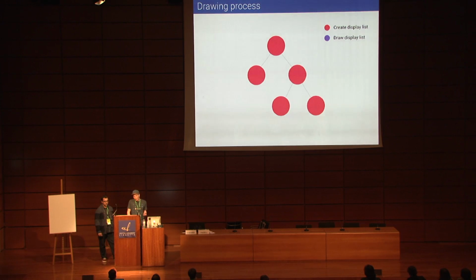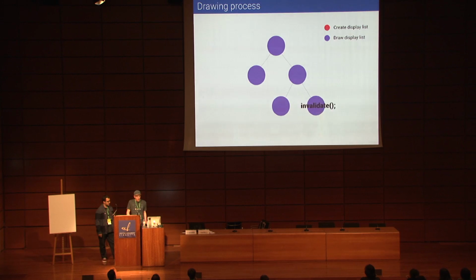We'll touch more on it later. Each view stores its own canvas commands, if you will, which it executes in onDraw, in its own display list. We continue drawing this by drawing each display list one by one. A parent display list will hold references to its child display lists, much like a view hierarchy. You can think of this as a display list hierarchy.